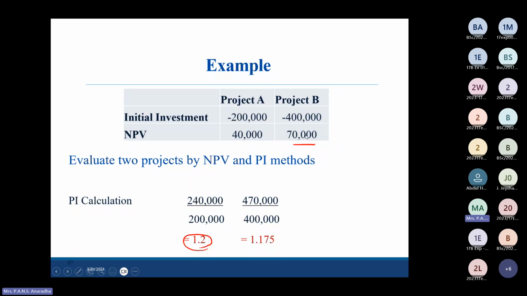So there is a disagreement between NPV and profitability index. So what do you have to do? If there is no capital rationing or fund constraint, you may go with your decision based on the NPV. But if capital rationing or a fund constraint is there, you have to select the project according to the profitability index. Right? So that is the conclusion.